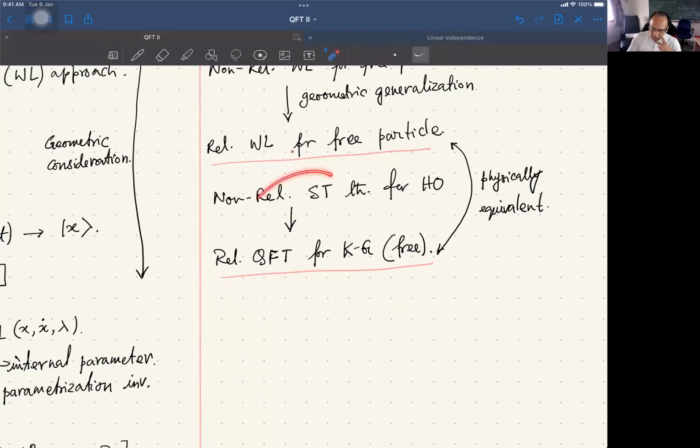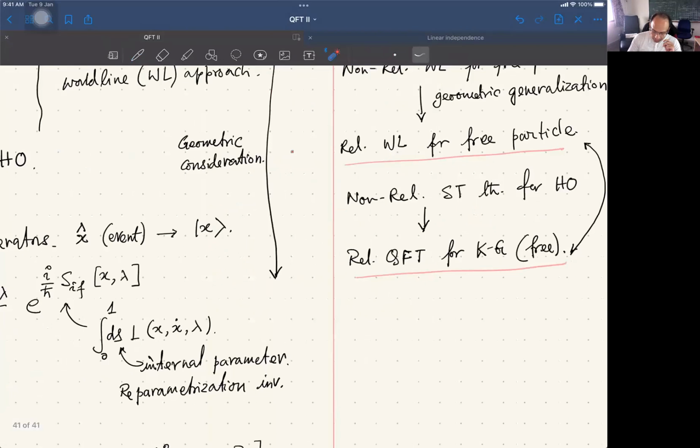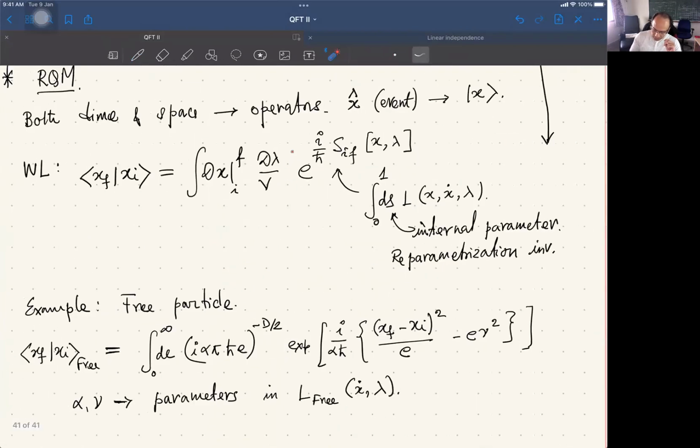We will spell out that analogy or correspondence, and also we will discuss how the two approaches that you are now familiar with, one from course 1, which is relativistic quantum field theory for the Klein-Gordon fields or free scalar field theory, and the relativistic world line theory using path integral approach, where you get this result, are physically equivalent. These two things we will discuss today.